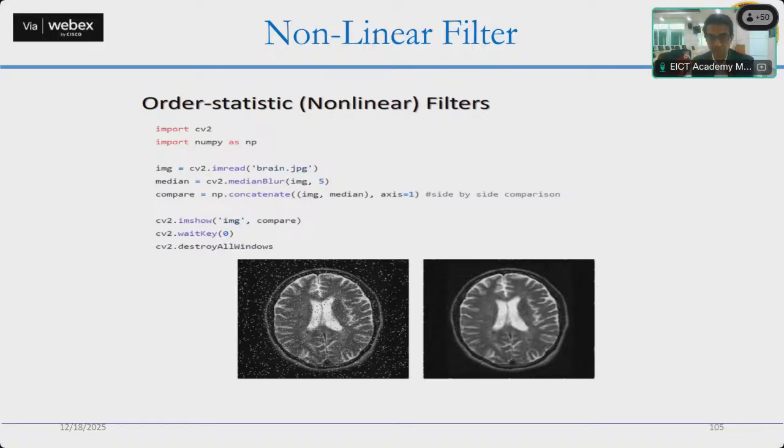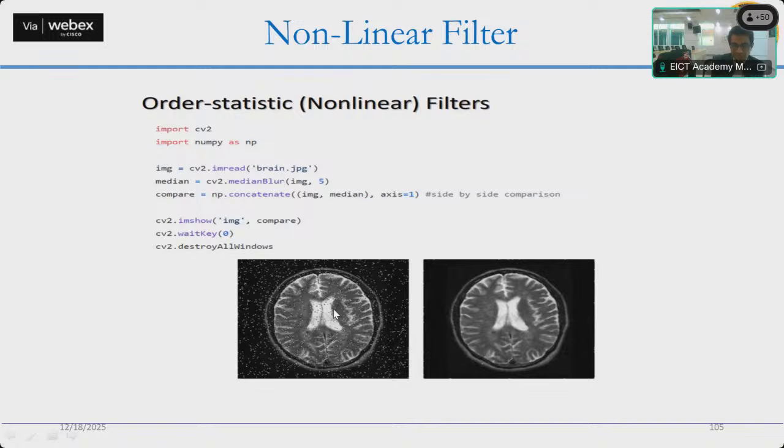Import cv2, as we have done. Import numpy as np. So in Python you need to download all these libraries, and after the libraries you use cv2 and numpy, and then you call the cv2 image read function to read brain.jpg.